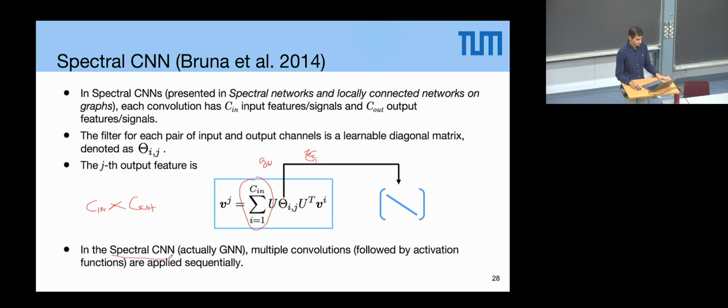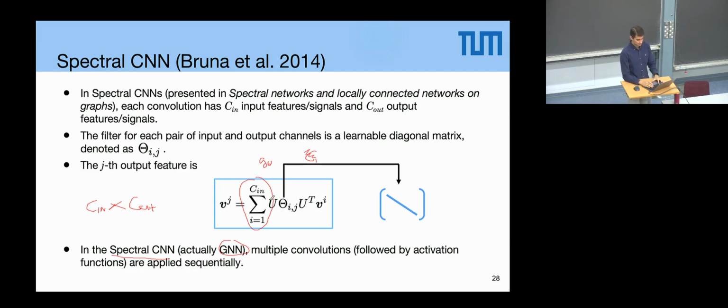This is a bit confusing. It's actually a GNN, but since it was one of the first graph neural networks, they still hadn't started using that term. And in one of these GNNs, what we do is we have one of these spectral convolutions, then an activation function, spectral convolution, activation function, and so on.